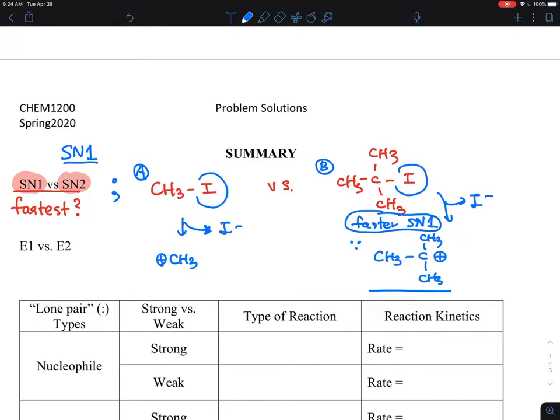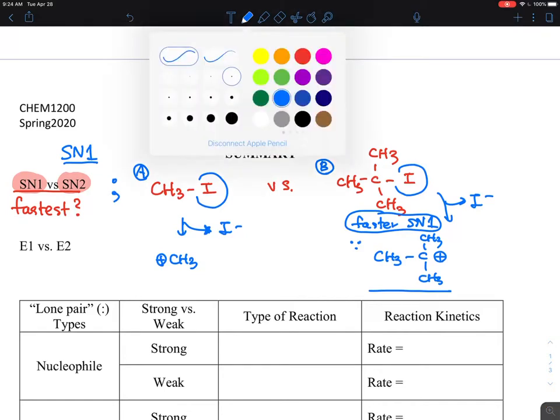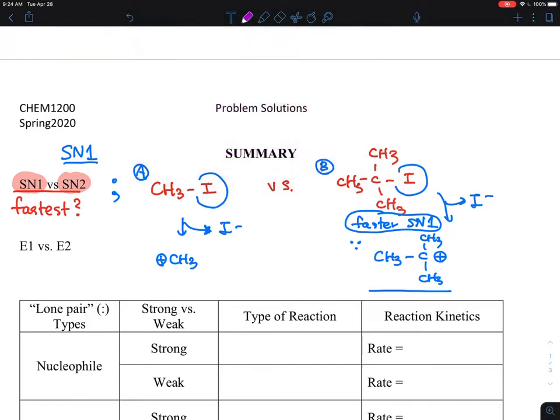So let me change the colors around. Let me choose purple. What about SN2? For SN2, we need a nucleophile looking to react here.